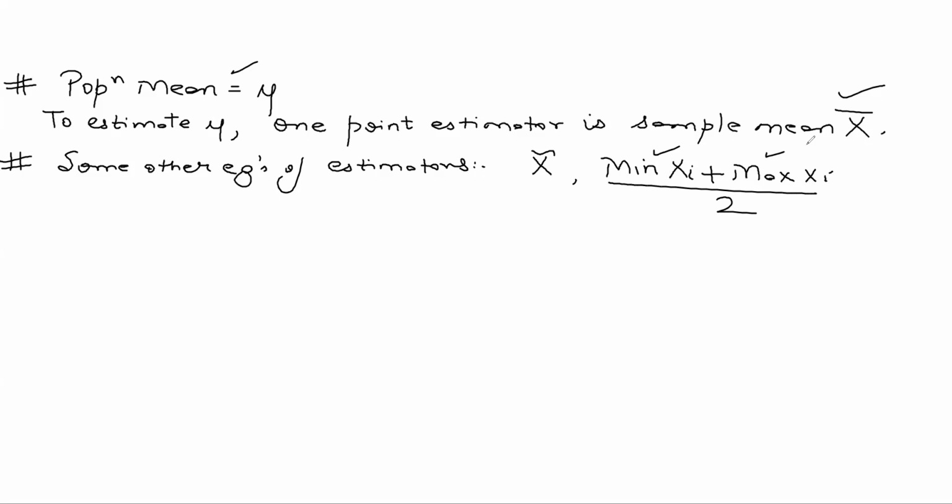All of us have done trimmed mean before, so trimmed mean is also an example of an estimator, and so on. But the very famous sample estimator which we have done is the sample mean. The sample mean is used to estimate the population mean. So it's called the point estimator, and one particular value of x bar will be called the point estimate.